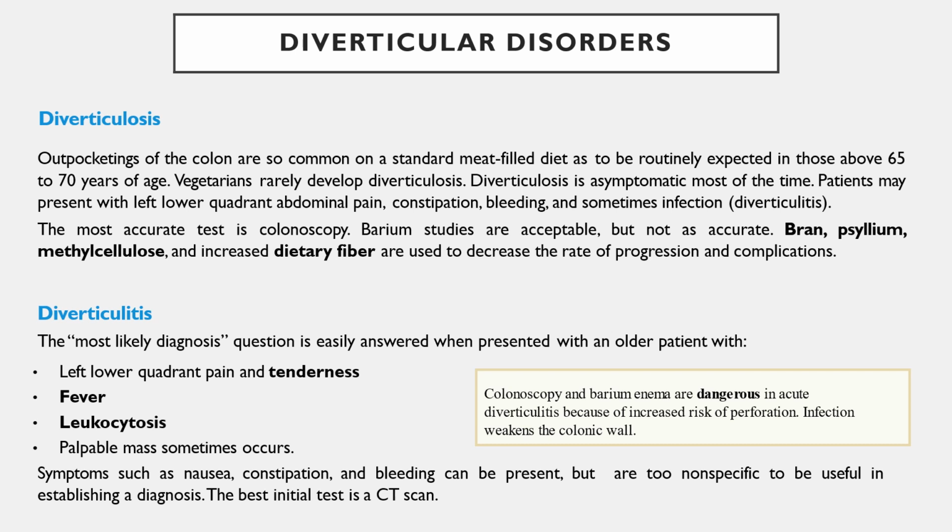Diverticulosis: the most accurate test is colonoscopy. Barium studies are accepted but not as accurate. Bran, psyllium, methylcellulose, and increased dietary fibers are used to decrease the rate of progression and complication.